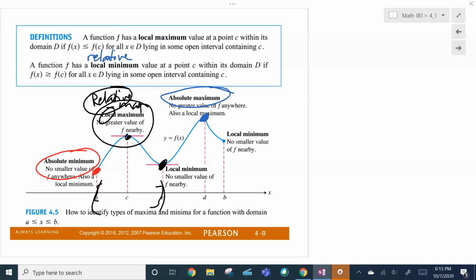If you were looking just in this area, that's the lowest point. It's not the lowest point overall; we know the absolute minimum is over there. This is a local minimum. So the difference between local and absolute is that absolute means on the entire interval, and local means within a restricted area that you're looking at.